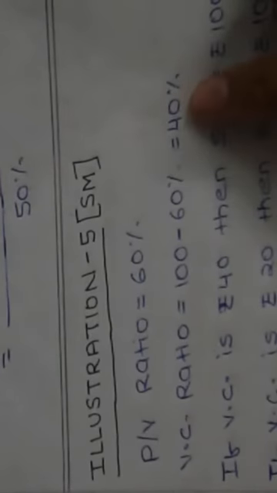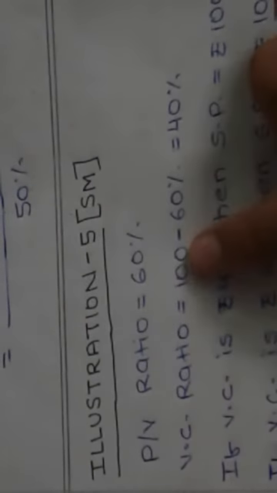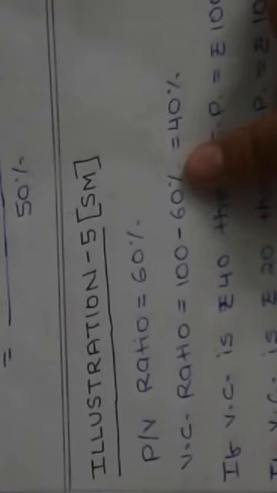PV ratio is given 60%. This means that variable cost ratio will be 100% minus 60%, which is 40%. Now it is a formula. Whenever PV ratio is given, then variable cost ratio will be 100% minus PV ratio.